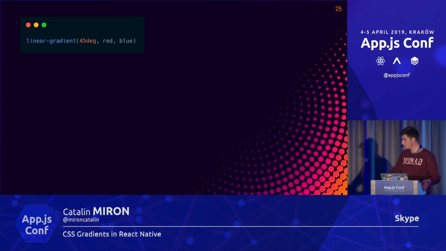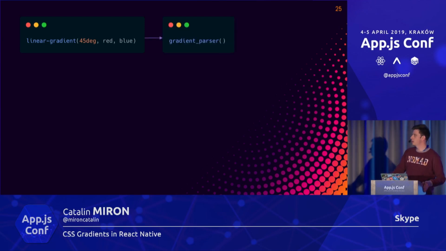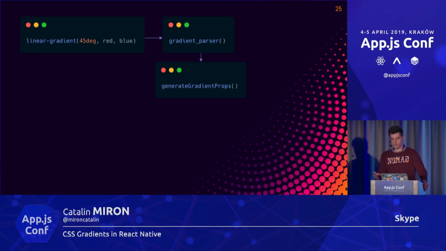I'll go deeper into how generate gradient is working. Sorry about that. So given this linear gradient of 45 degrees going from red to blue, we are going to pass it down the pipe. First thing, we are going to parse it. The next one takes the output of the parser and does some, let's say, magic underneath.